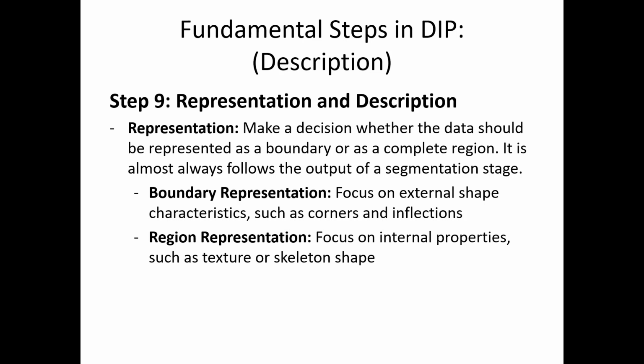So if an image has external shape characteristics like corners and inflections, such representation comes under boundary representation. And if we are talking about internal properties like texture and skeleton shape, such representation comes under region representation.